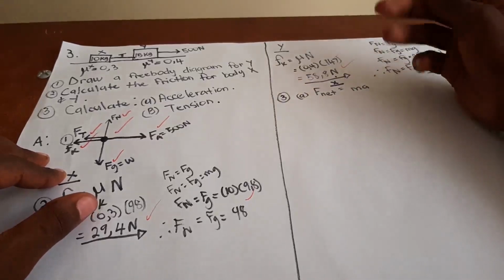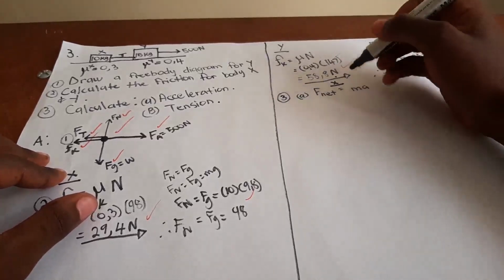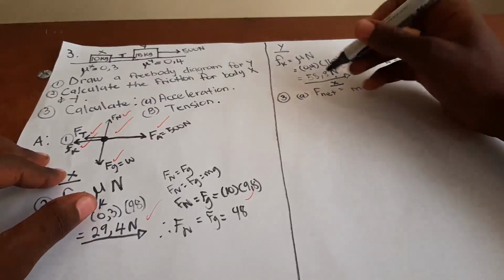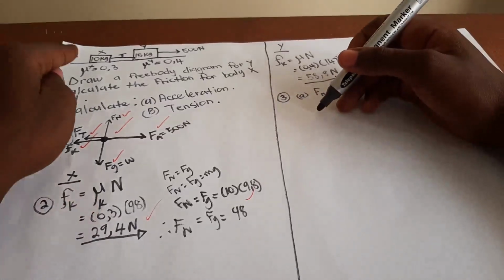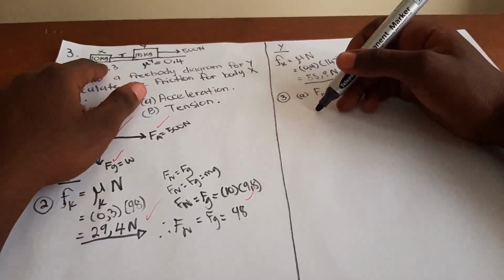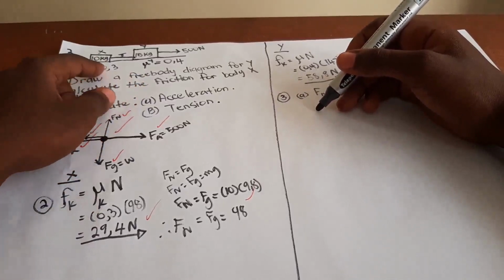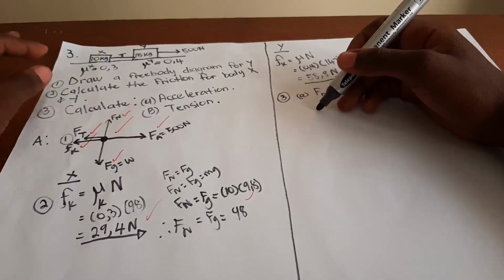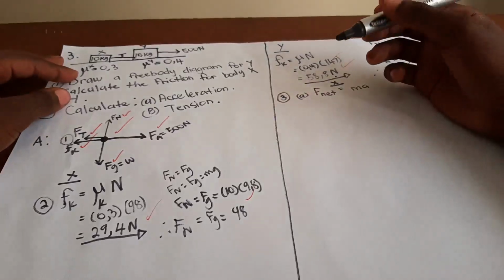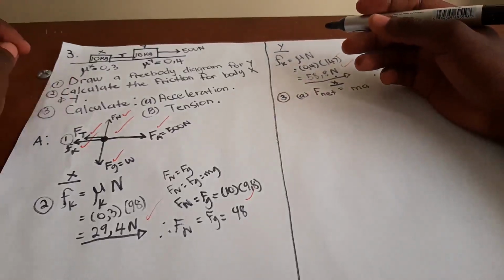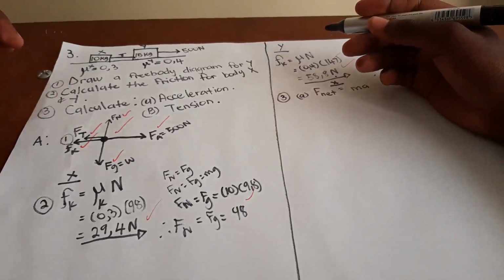Which are the forces acting on x? There's a frictional force acting on it, which is equal to 29.4 newtons, and the applied force is only acting on y.